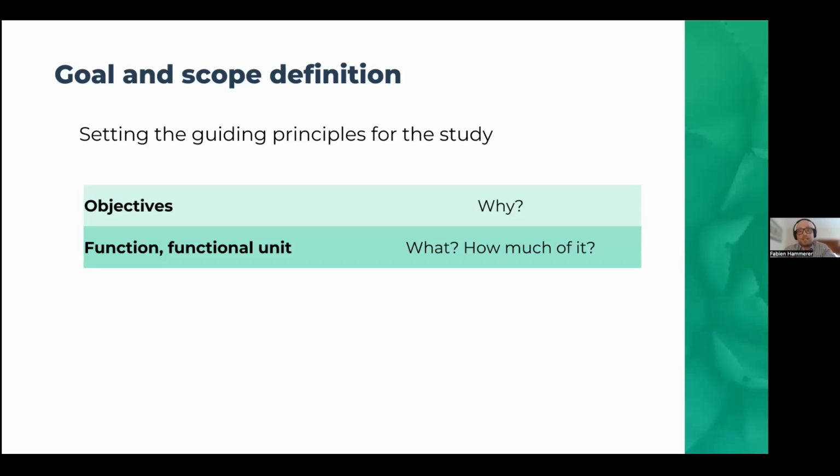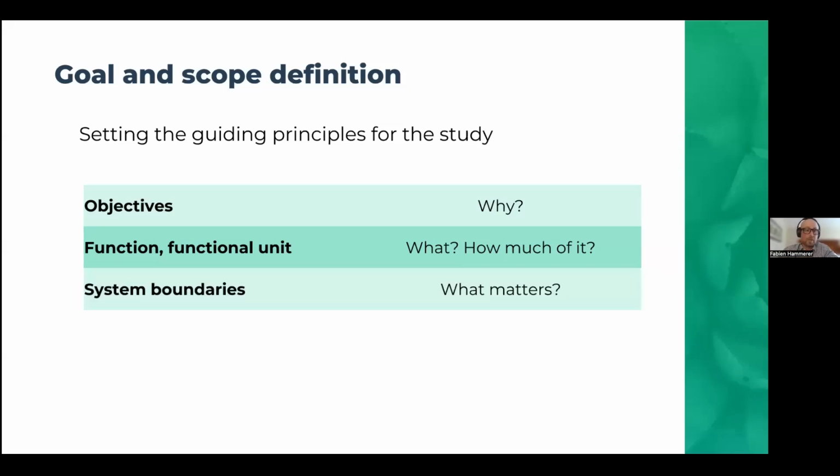The next part of the goal and scope definition is the function or functional unit. What are we looking at? What does the product achieve? And then how much of it do we base the study on? The functional unit is basically the normalized quantity to which all the flows in the LCA study are going to be scaled.